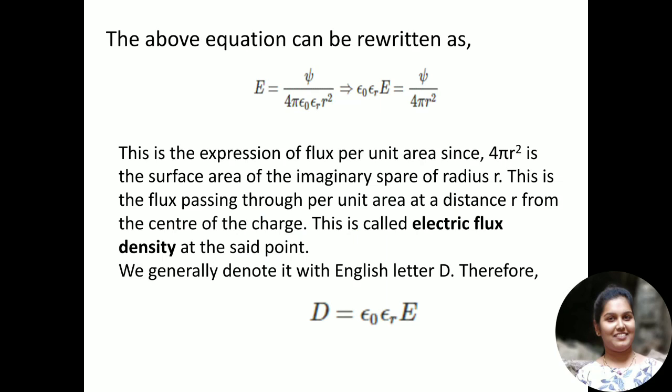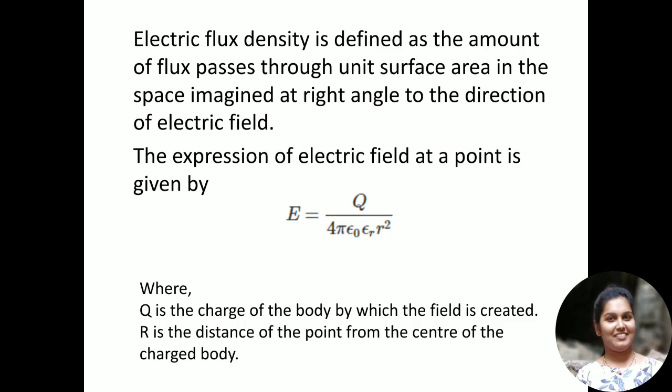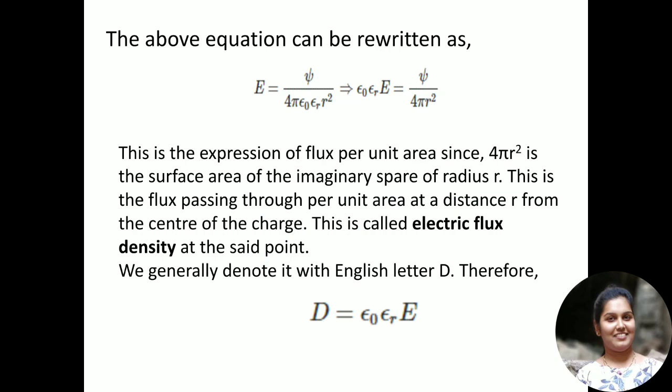This is called electric flux density at that point. Generally, we denote this with the English letter D. Therefore, D is equal to epsilon naught epsilon r E.